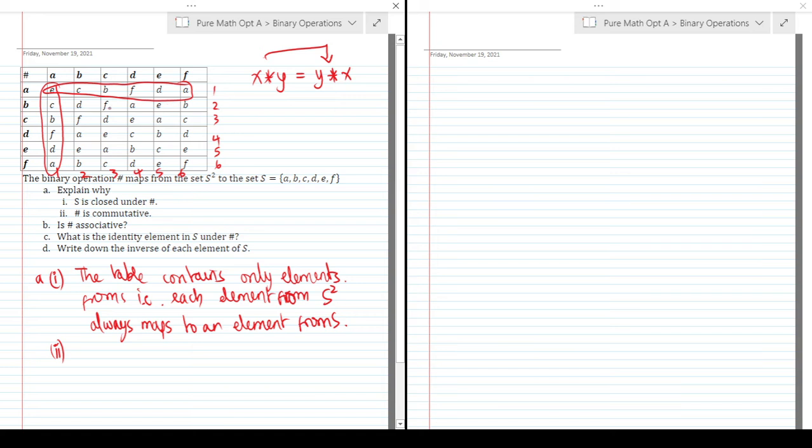If you look at our second row, CDF, AEB. That's my second row. My second column is CDF, AEB. Same thing. Third row, BFD, EAC. Third column, BFD, EAC.